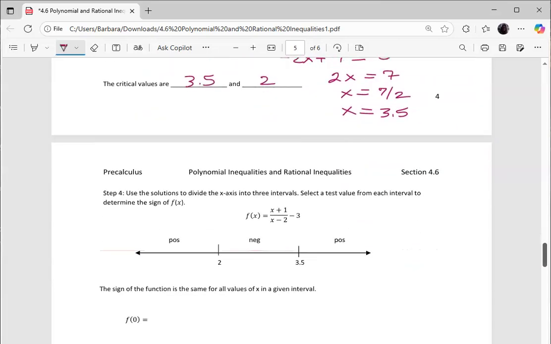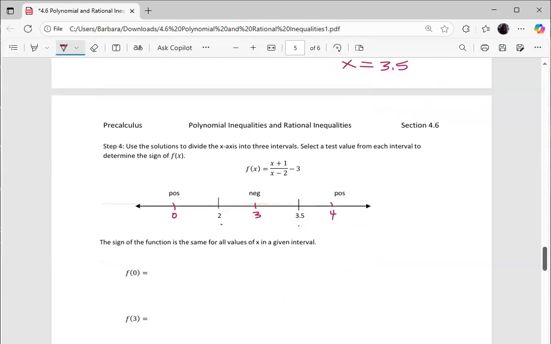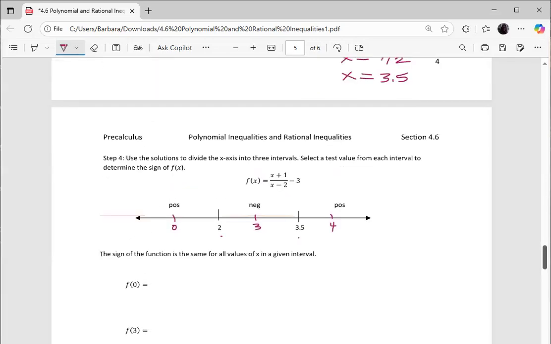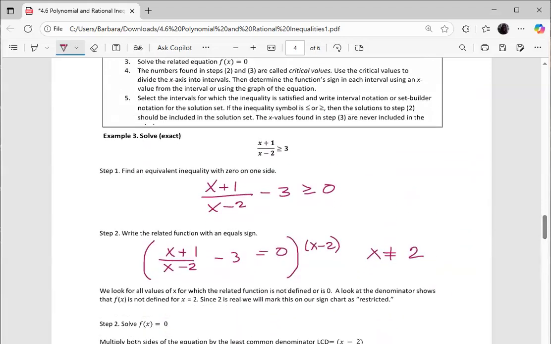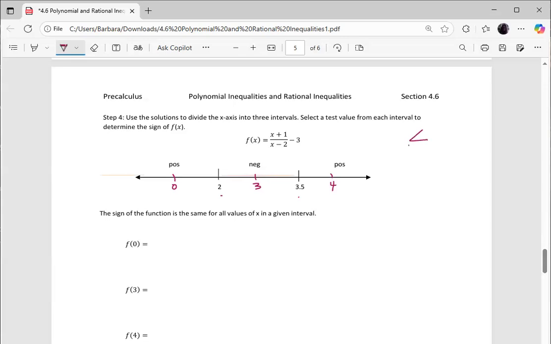And now we're going to plot these on a number line, putting in my critical values here. We're going to test points on the interval. A number that's smaller than 2, I'm just going to choose 0. A number between 2 and 3.5, maybe 3, and we can use 4 over here. We're going to plug it into this equation. The sign we want is greater than or equal to, so I'm going to just jot that down over here.